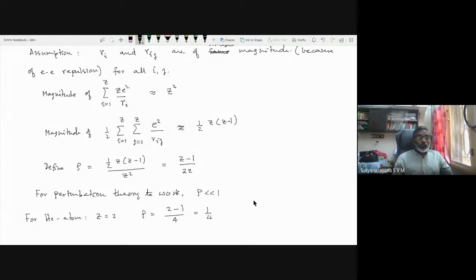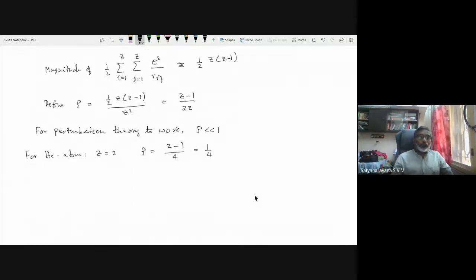Now suppose z is very large. For large z, what happens? You can see that the 1 in z minus 1 can be neglected.